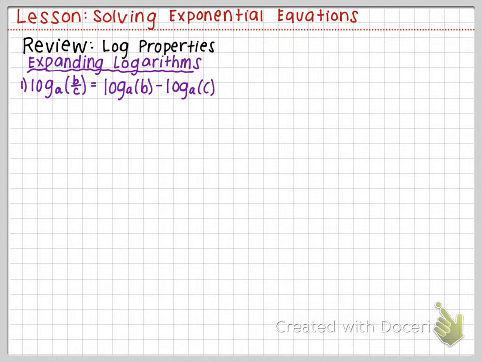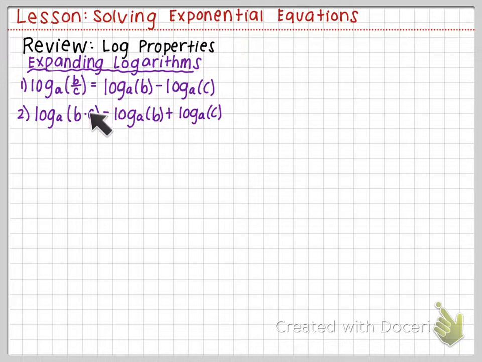Just remember, expanding has three different properties. If it's division, you're going to subtract. So it's log base a of b minus log base a of c. If you have multiplication here, when it asks to expand, this is condensed, this is expanded. Remember, we can go back and forth. When it's multiplication, we know we add.